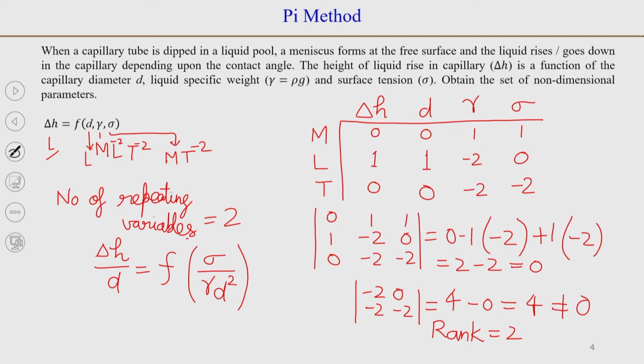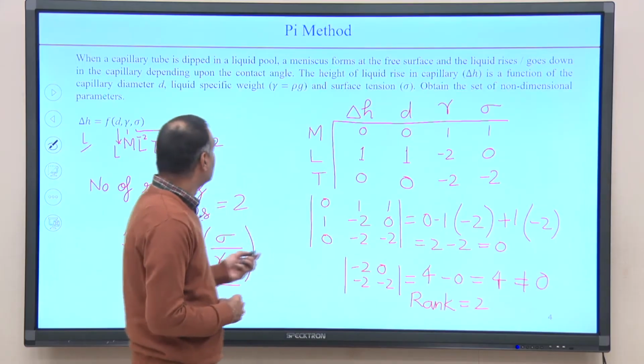So, these will be 2 dimensionless groups, delta H by d and sigma by gamma d squared. Okay. So, that is a limitation or a complexity in pi theorem. Still, this is the most popular method which is used for dimensional analysis.